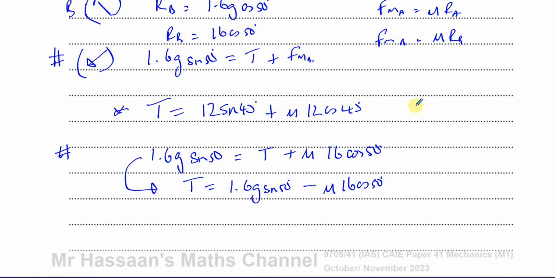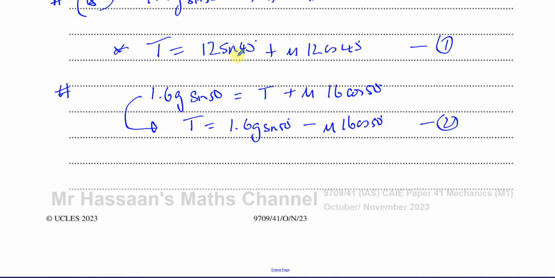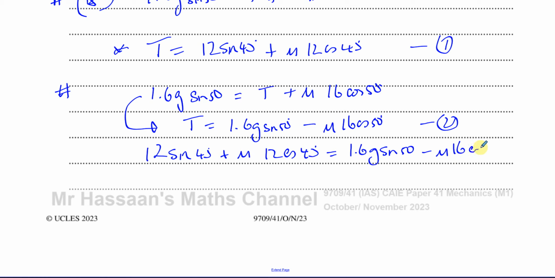I can substitute one equation into the other. So 12 sine 40 plus mu times 12 cosine 40 is equal to 1.6g sine 50 minus mu times 16 cosine 50.